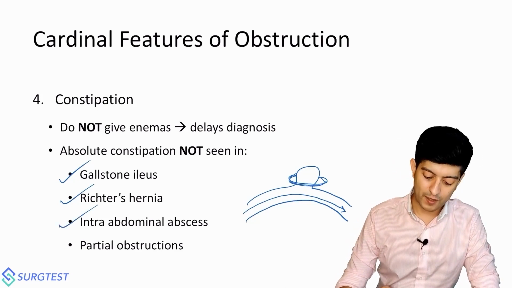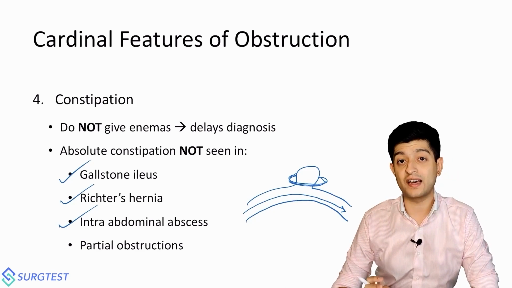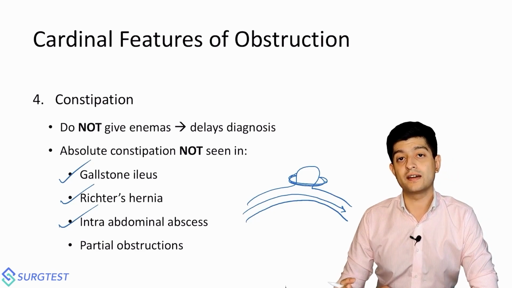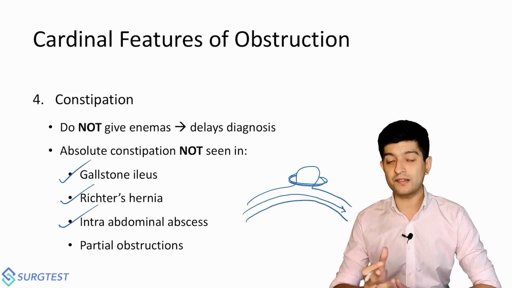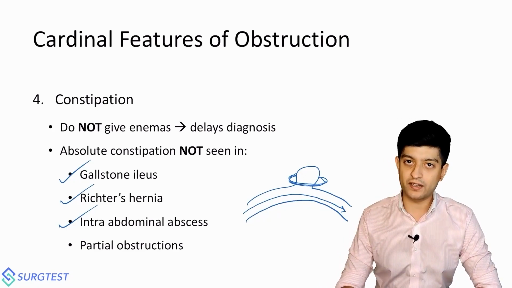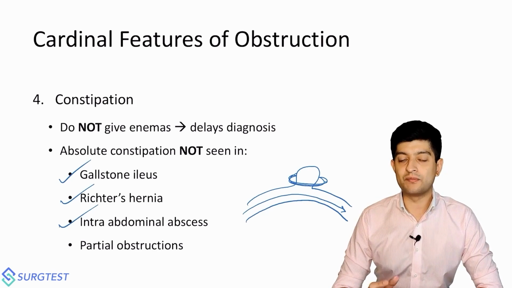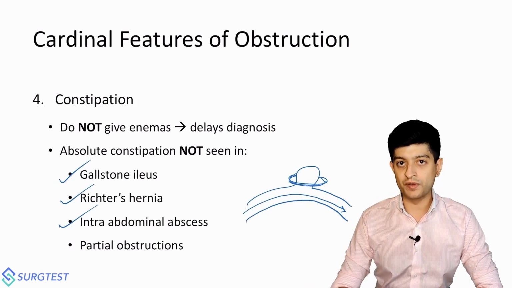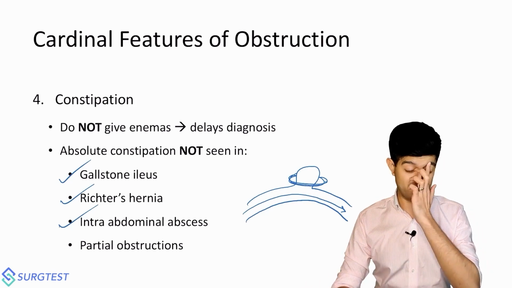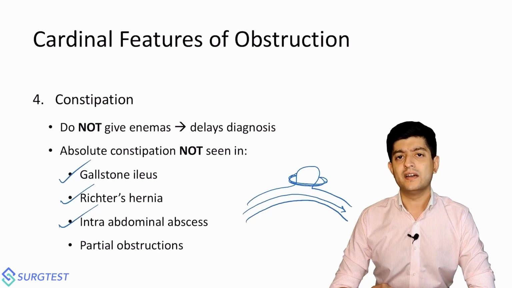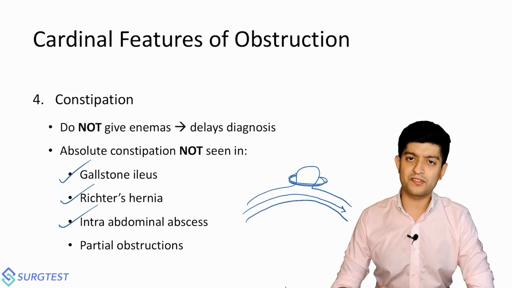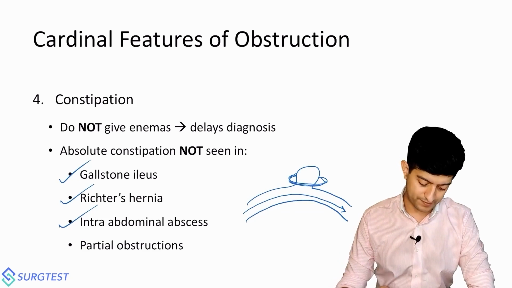In an intra-abdominal abscess, you'll end up having a localized ileus of the small bowel that is right next to the abscess. It may not even be a complete mechanical block, but it definitely functions like one. Because it is a local ileus, you may still have a complete luminal patency, and these patients will very, very rarely have obstipation. They usually have some amount of diarrhea associated with this as well.